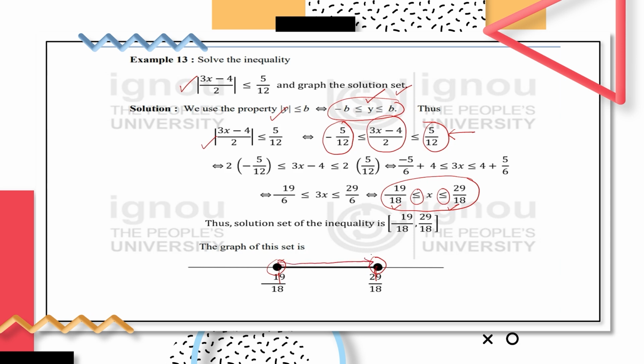Because the equal to sign is there, both points are included, and so solid circles are drawn. I hope you understood that by applying this important property, that if the modulus of y is less than or equal to b, then the value of y lies in the interval from minus b to plus b, and the steps of solving the inequalities are the same as we discussed in our past numericals.